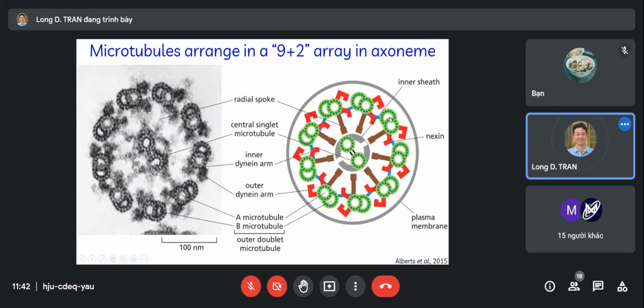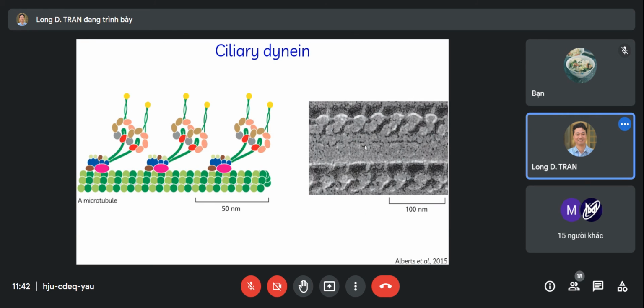And these microtubule doublets are attached to each other by a protein called nexin. So nexin constrains the movement of these microtubules, and the microtubules here can also interact with other proteins to form the stable structure of the cilium or flagellum.